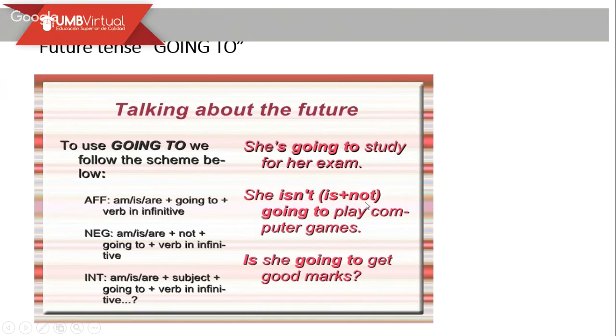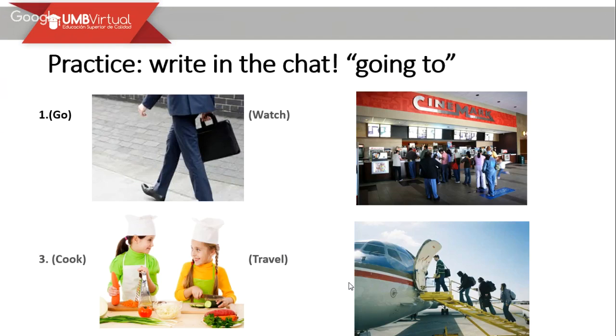Isn't or is not going to play right here. And for the question, we are going to mix and combine it. So first of all, we have verb to be plus subject plus going to and the complement. Of course, is she going to get good marks? That is going to be the idea according to those examples. Perfect.